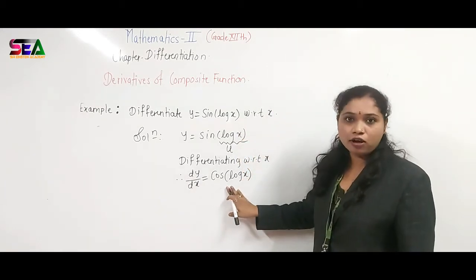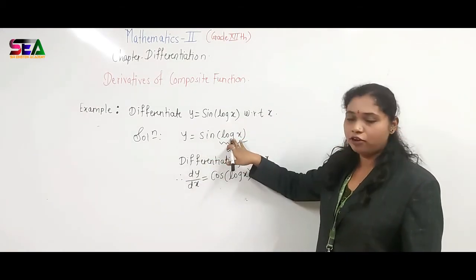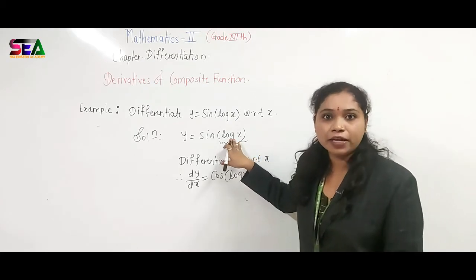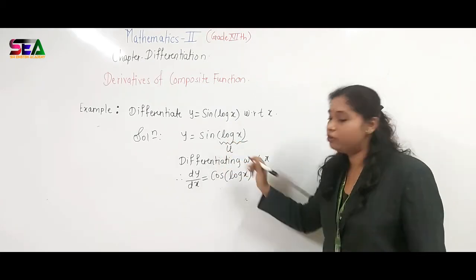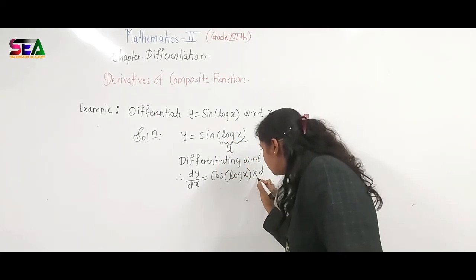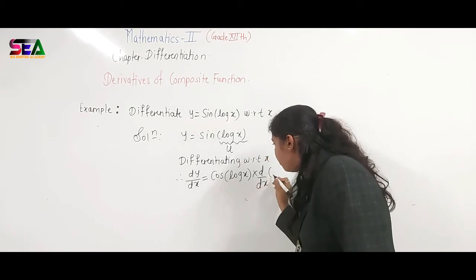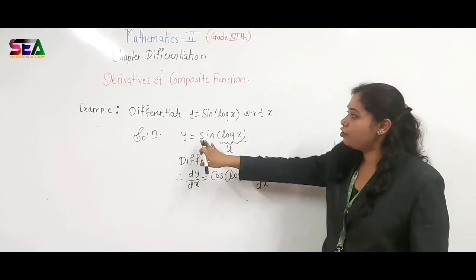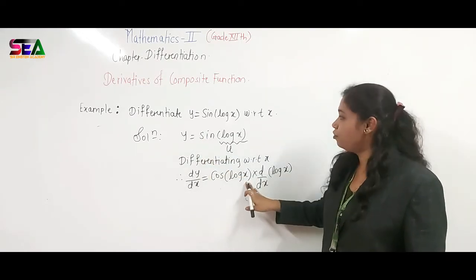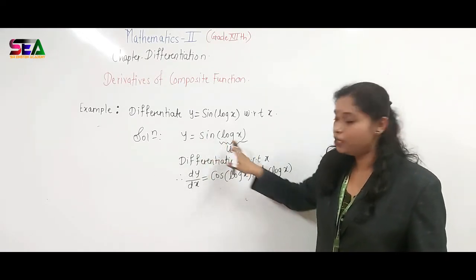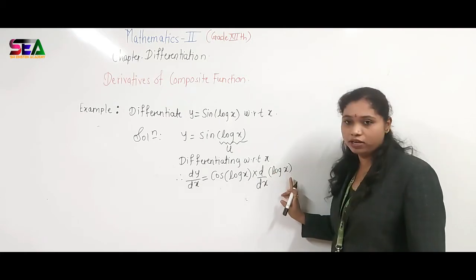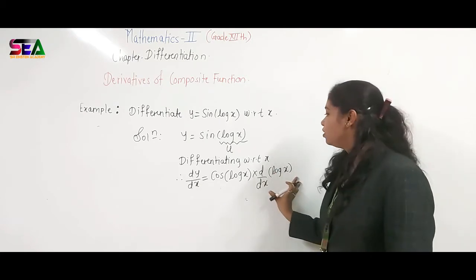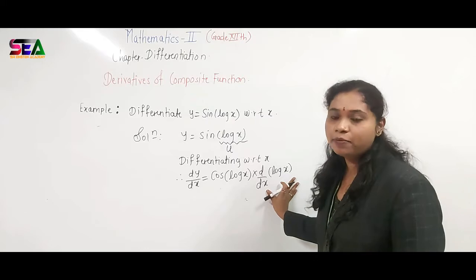So cos of log x is the derivative of sin of log x, multiplied by the derivative of that complicated term which is assumed as u. So I have to multiply by the derivative of log x. This is the chain rule: outermost function derivative into derivative of the assumed term u, that is the derivative of log x here. Now the derivative of log x is 1 by x.